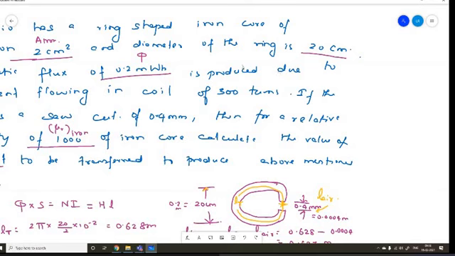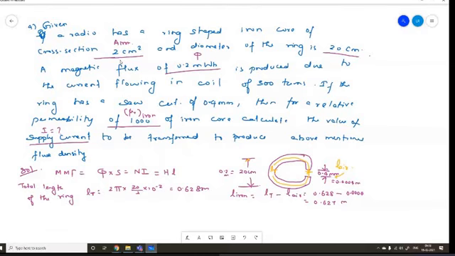Here the area of cross section is given to be 2 centimeters square. Since we are neglecting the bulging and other effects, this will be the same area of cross section even for the air gap.